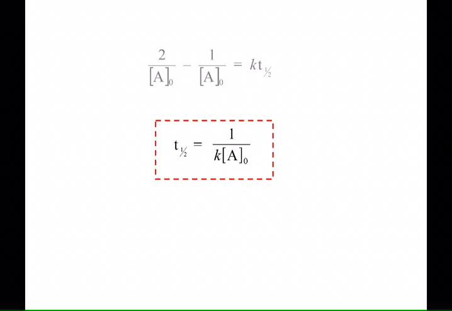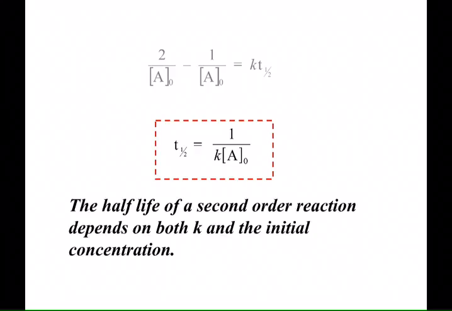So that's this one here. Now this one's not as helpful, okay? I go back to what you said, Mike, this one you could find half-life or K if you also had the initial concentration. So half-life does depend upon K and the initial concentration. They're both in the denominator there.